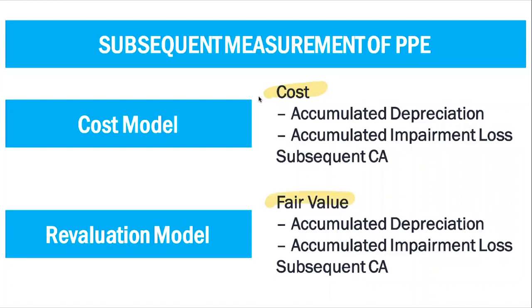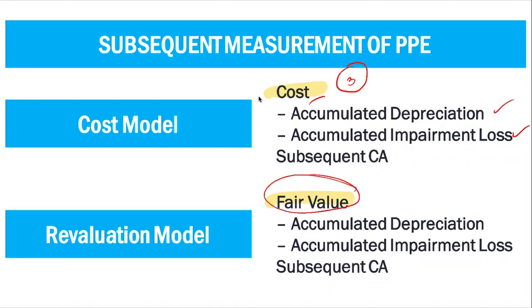So whatever is the cost, yung cost natin, ito yung tatlo na na-discuss natin. Yung 3 items, yun yung cost. Ibabawas mo lang yung depreciation, ibabawas mo yung impairment loss. Pero dito sa revaluation, it will always be measured at fair value. It will always be measured at fair value, less accumulated depreciation, less impairment loss.